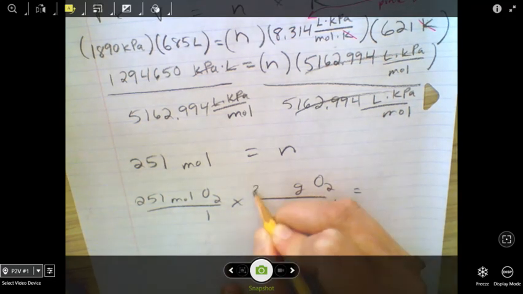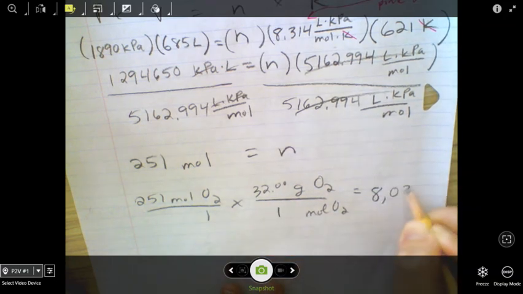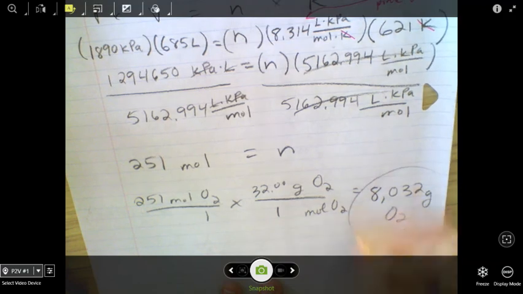So the molar mass is 32. So you should end up with 8,032 grams of oxygen.